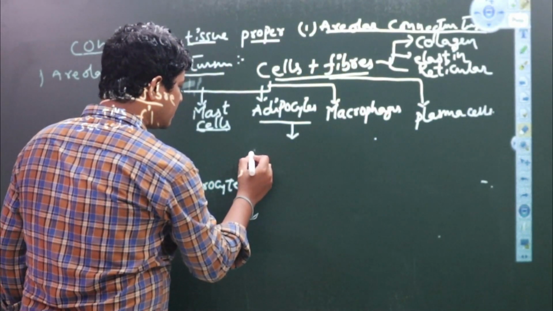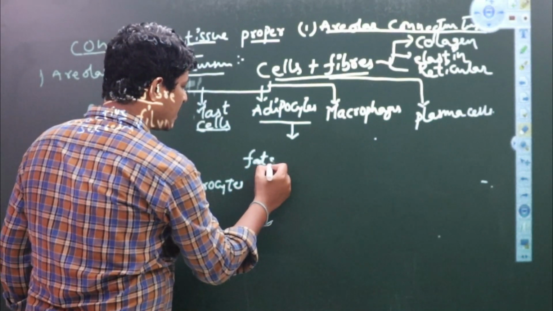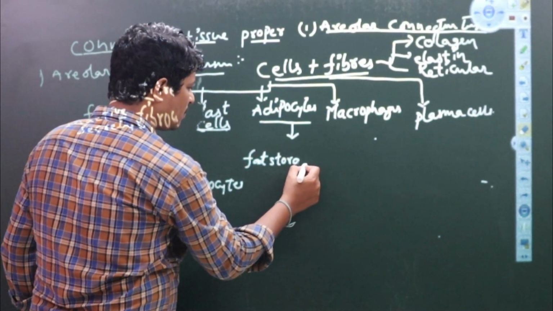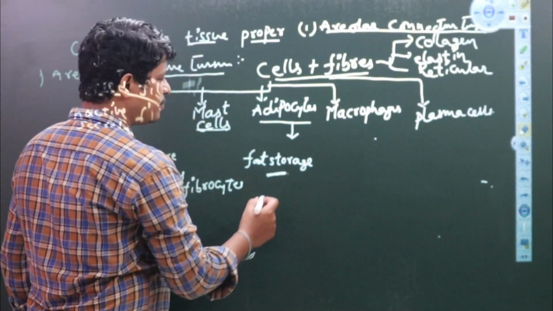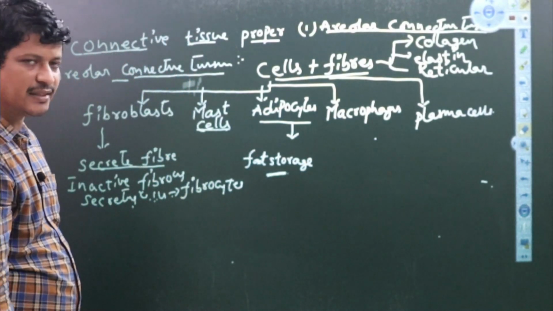So the adipocytes are the fat storage cells. The main purpose is fat storage.